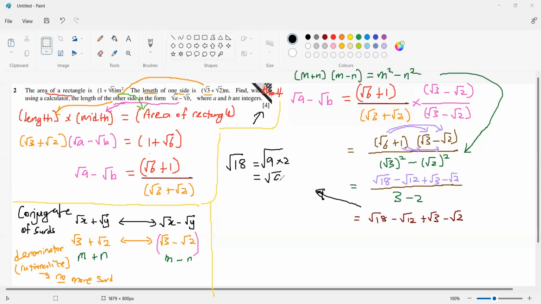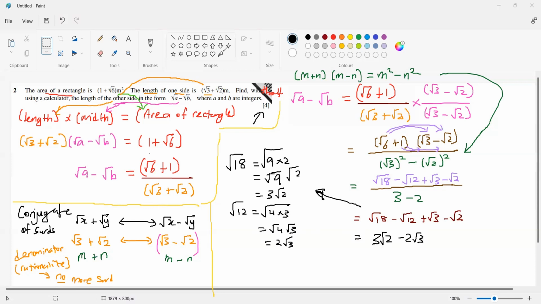So this is the same as root 9 and root 2, in which case it simplifies to 3 root 2. Okay, root 12 likewise is 4 times 3. So root 4, root 3, 2 root 3. So that means I just replace that. Please take note. This is 3 root 2 and this is minus 2 root 3.